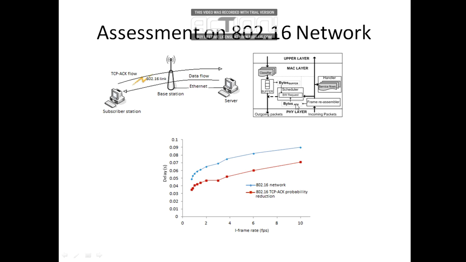If the acknowledgement byte, which is flagged by a sign in the frame, is identified, then an earlier bandwidth request will be made so that the next TCP-ACK will be prioritized. So TCP-ACK will get bandwidth earlier than the others, so that the TCP-ACK flows faster.